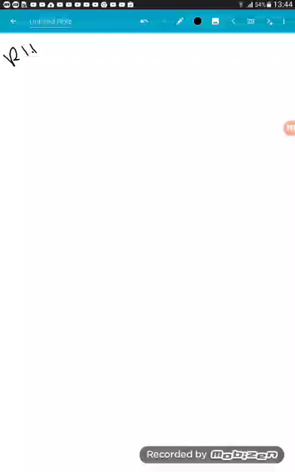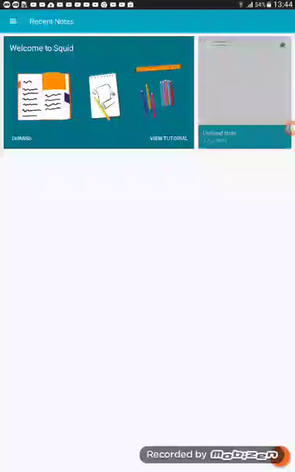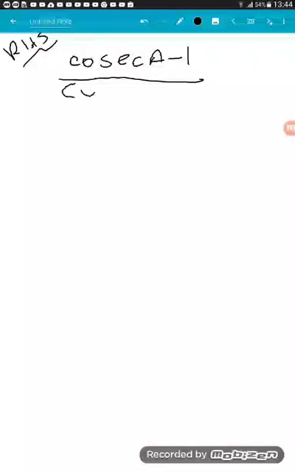Now we will do the RHS side, that is the side which is on our right hand side. So it says cosec A minus 1 by cosec A plus 1.